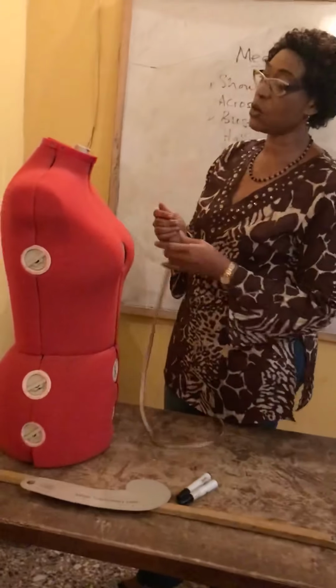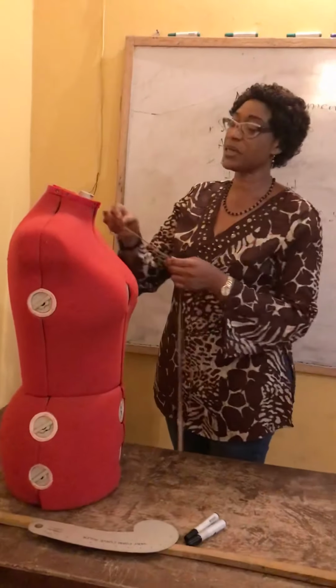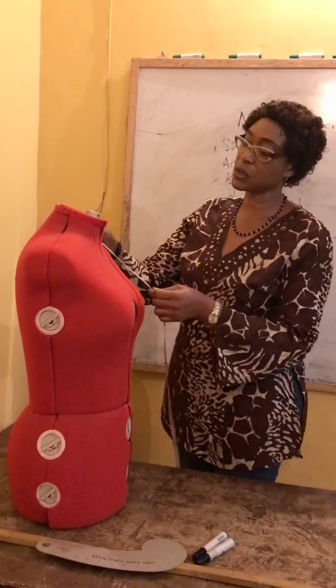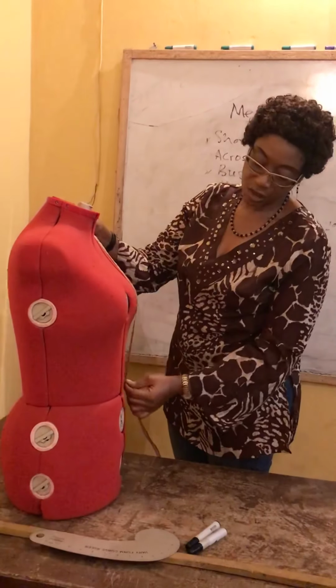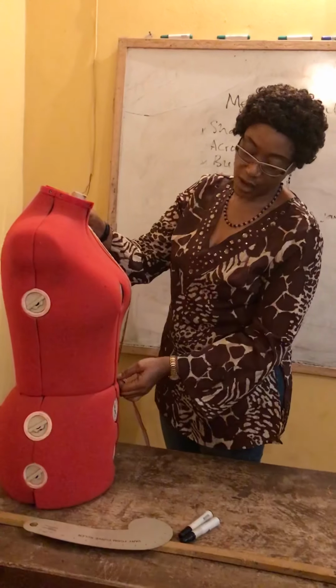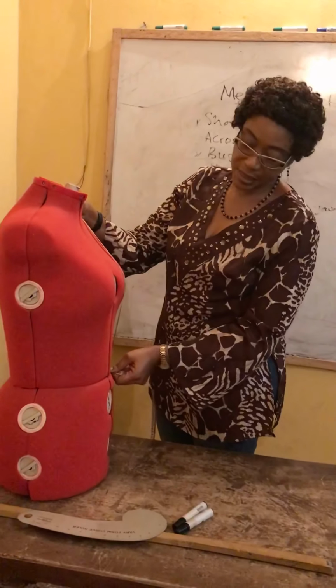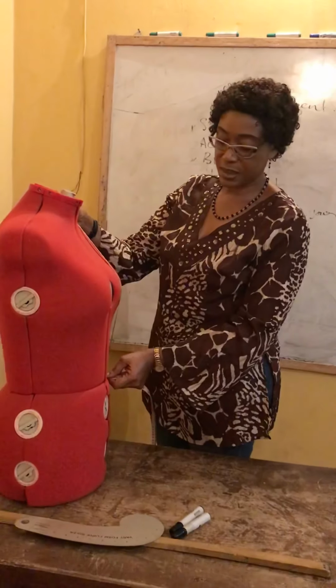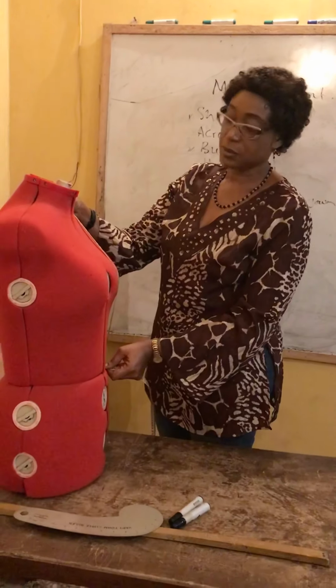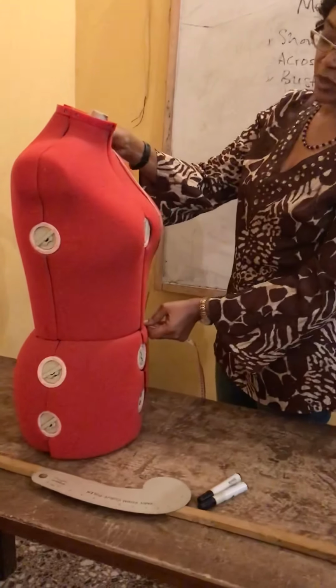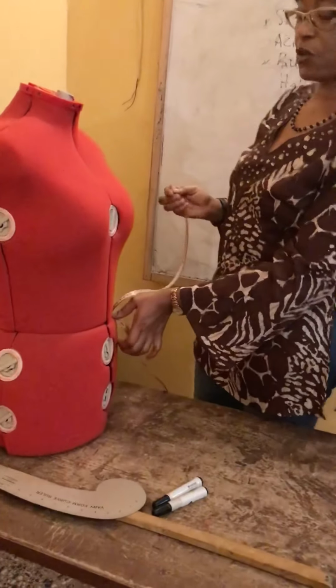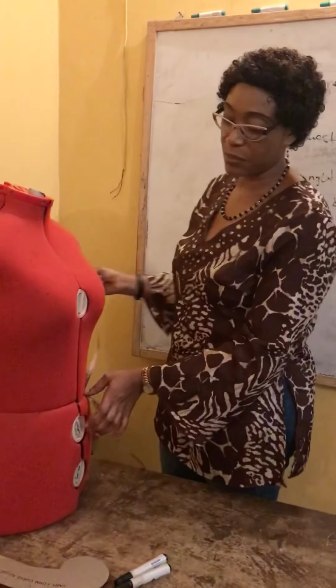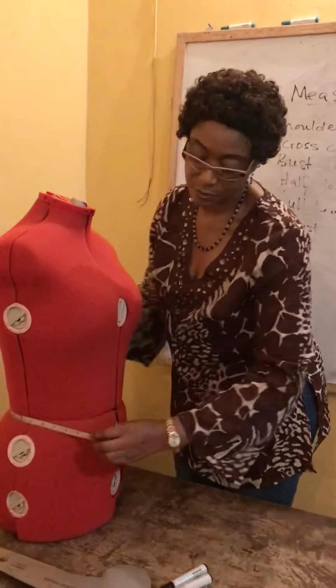And then the waist also, how do I get the waist measurement? Of course, from the shoulder also, down to the navel. Here we have 18 and a half for the half length. And then from that particular portion, I'm going to take my waist measurement.